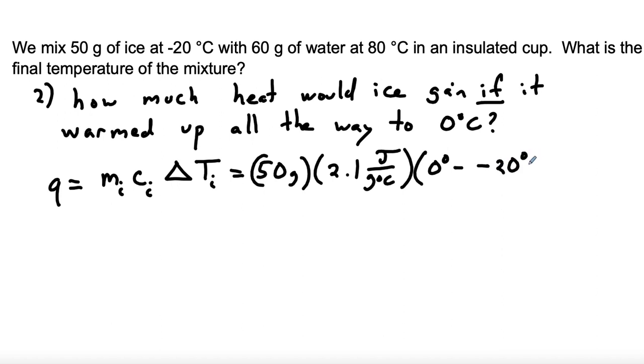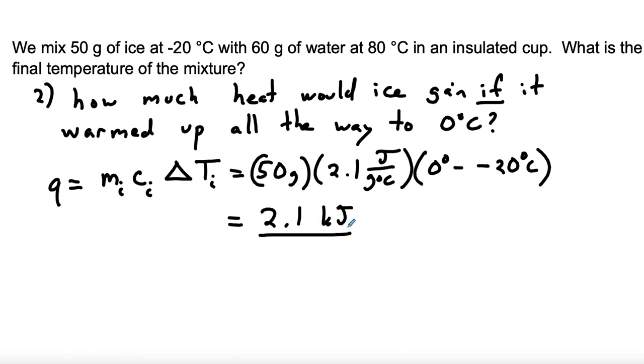So we can see our delta T is going to end up being a positive 20 degrees C. And if we plug those numbers in, we get that this is going to be 2.1 kilojoules.